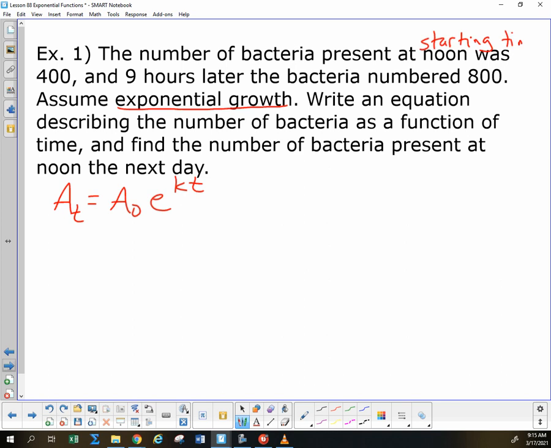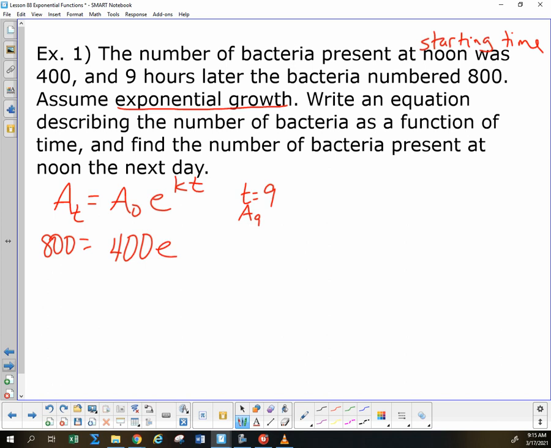for this problem. So we can put a 400 in for the A0. Okay, 9 hours later, so that means t needs to be 9. And so then the amount at time 9 for this problem would be 800.